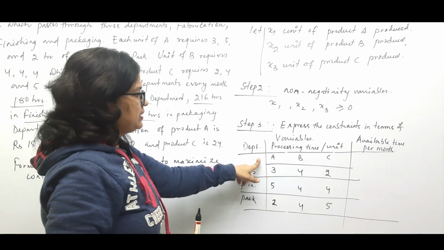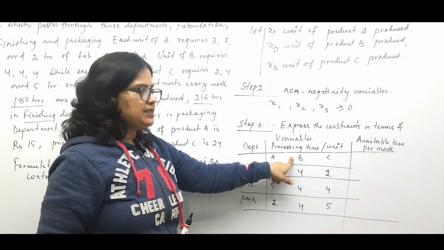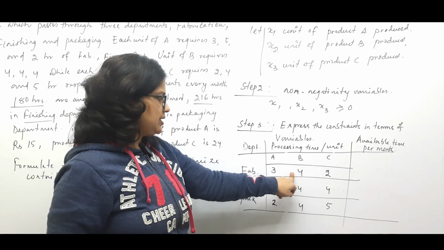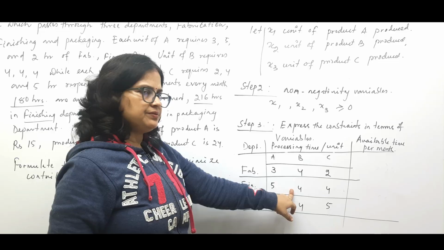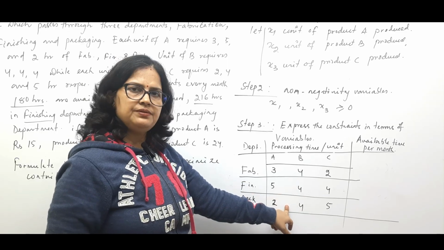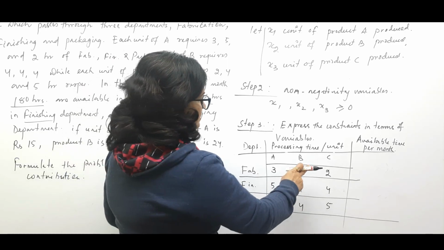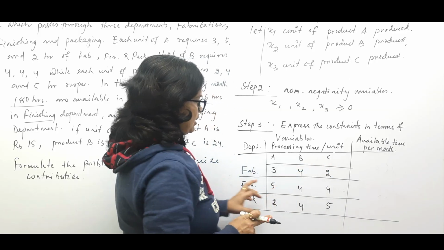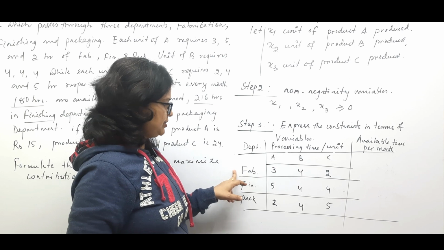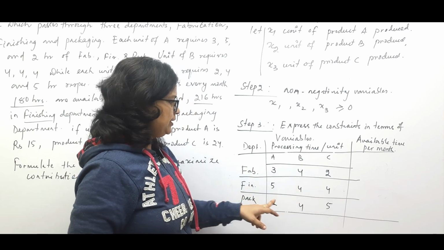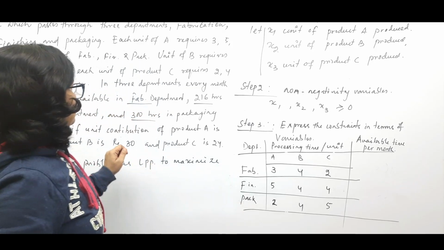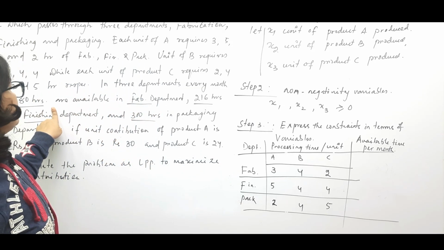Each unit of product B requires 4, 4 and 4 hours. Each unit of product C requires 2 hours for fabrication, 4 hours for finishing and 5 hours for packaging.